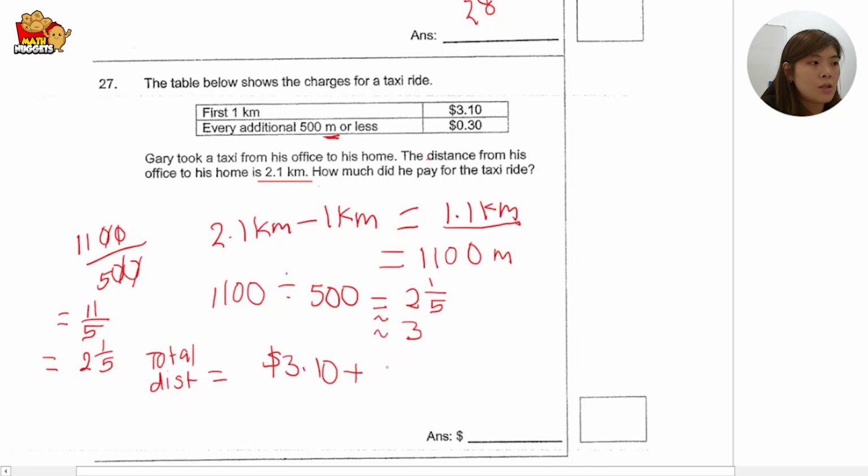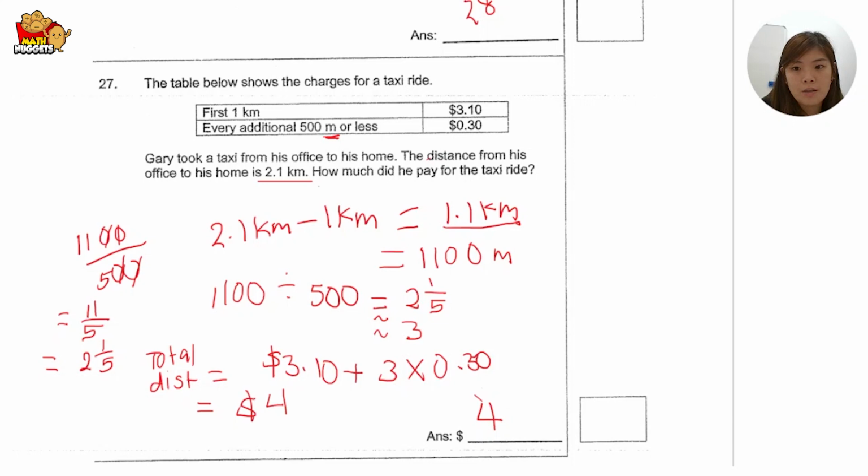So you take 3 multiply by 30 cents, it gives us 90 cents. So 90 cents plus $3.10 gives us $4. So $4. Okay, next.